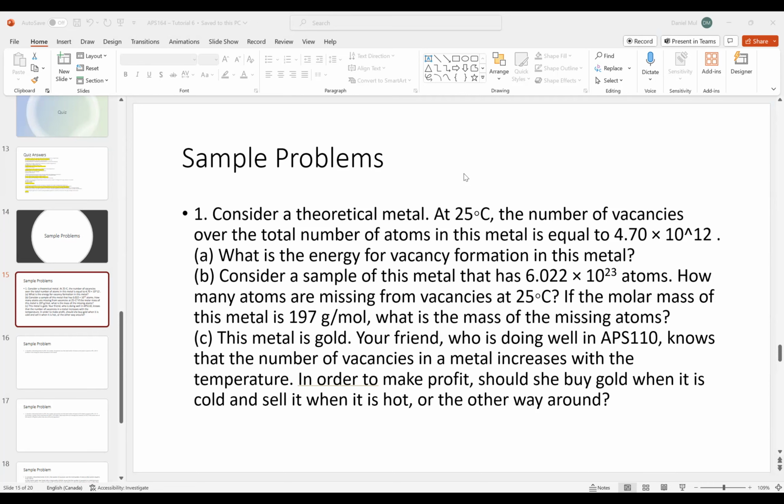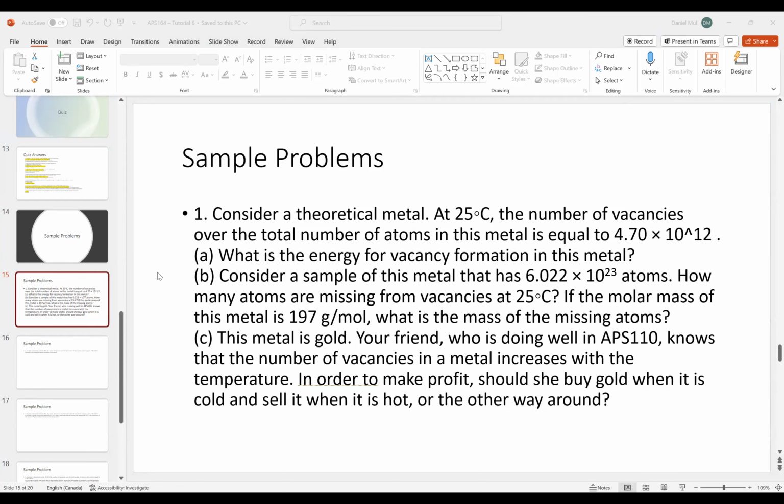What is the energy for vacancy formation in this metal? Consider a sample of this metal that has 6.022 times 10 to the 23 atoms. How many atoms are missing from vacancies at 25 degrees? If the molar mass of this metal is 197 grams per mole, what is the mass of the missing atoms? And then finally, this metal is gold.